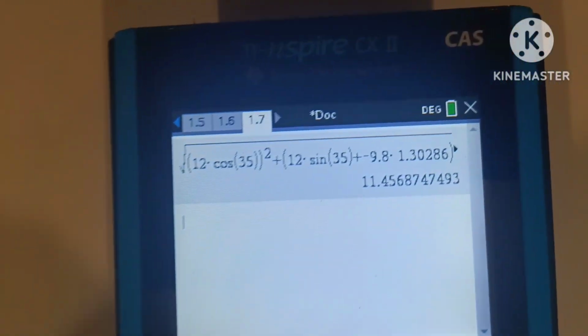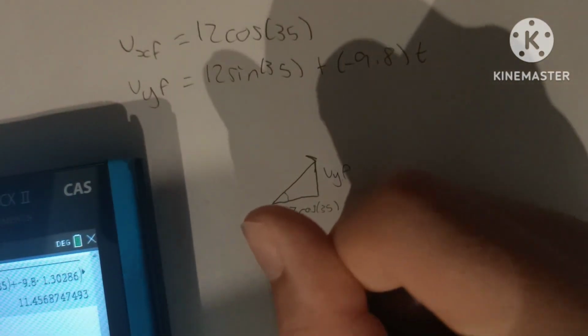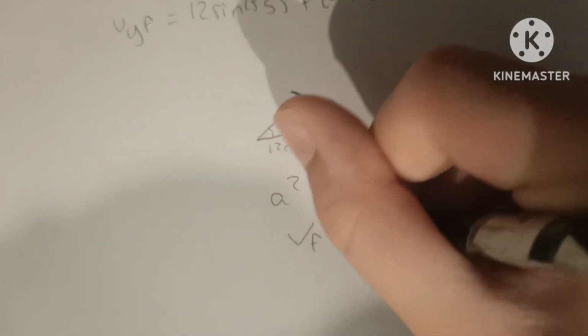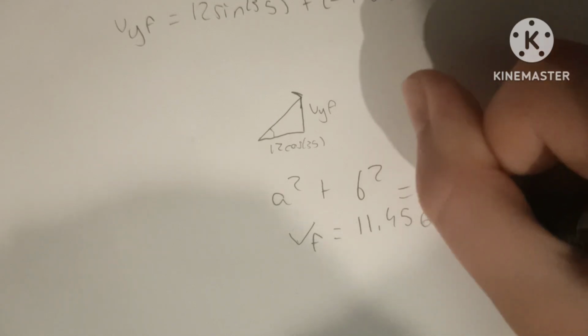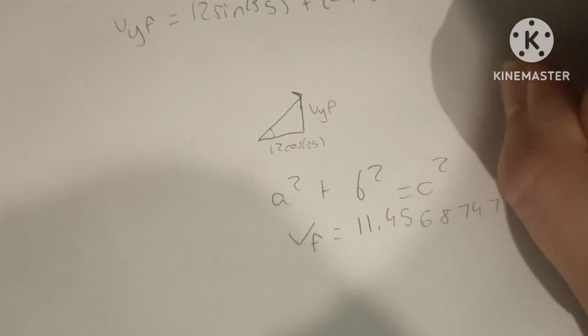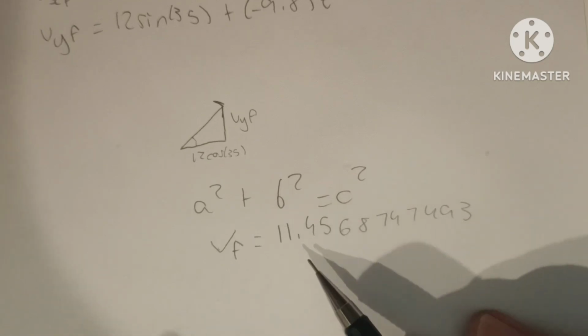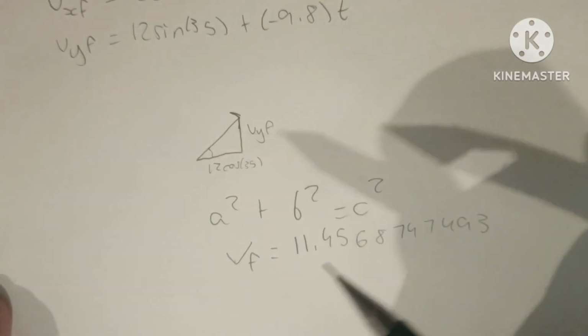So now that we have this value here, we have our total final velocity. So our final velocity in total will be 11.45687474993.